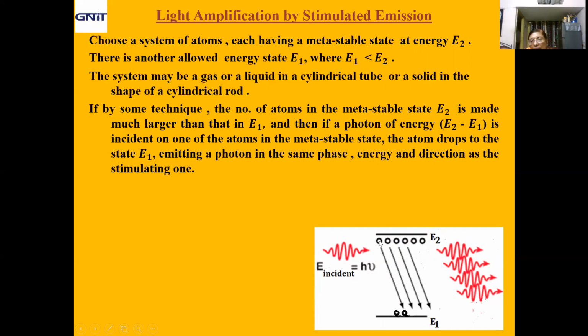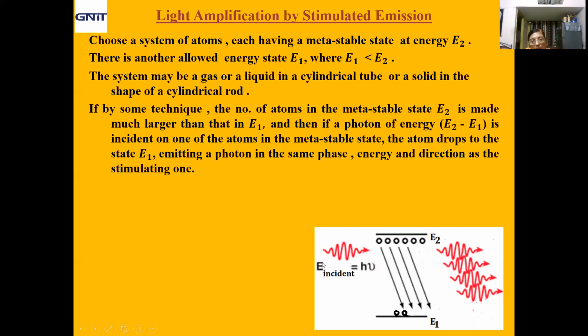Then as the number of atoms in the higher energy state is much larger than that in the lower energy state, obviously the probability of interaction of this photon with any of the atoms in the higher energy state will be much more than that in the lower energy state.